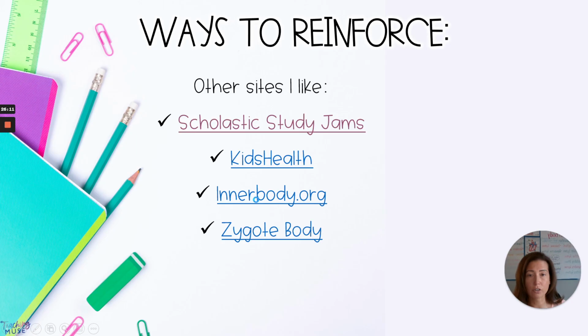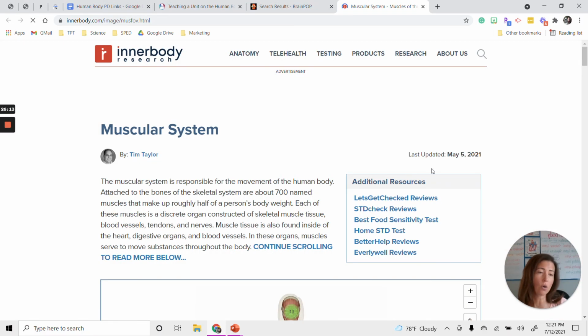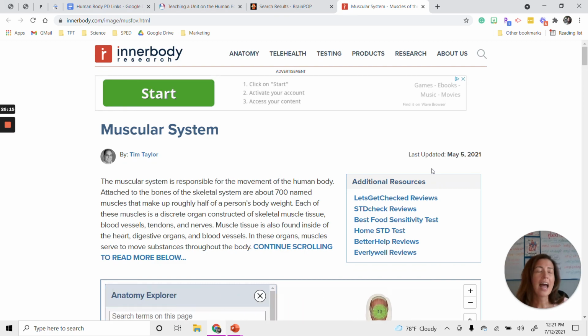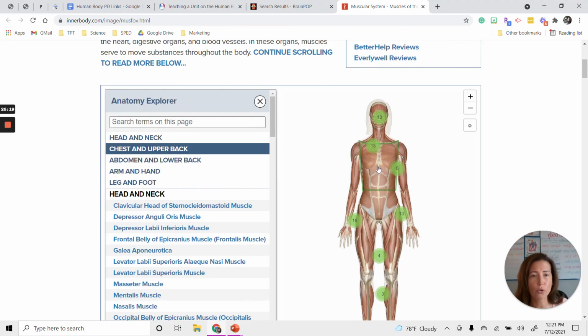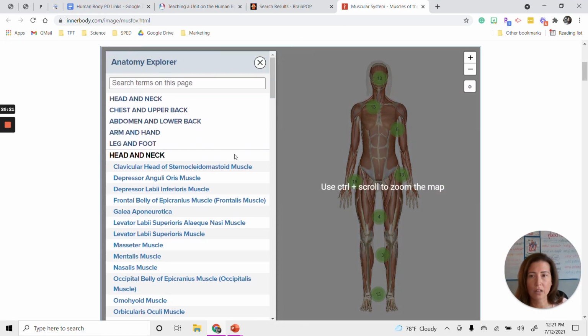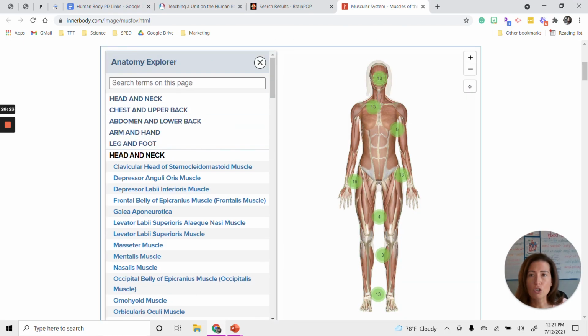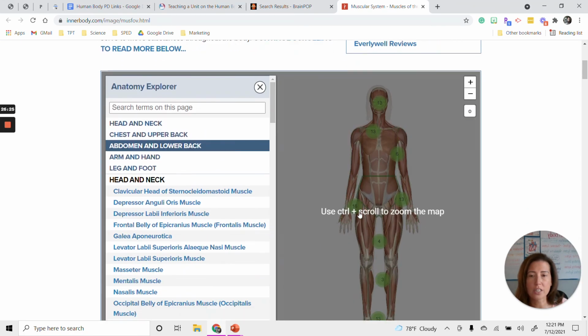I'm going to show you one more. There's innerbody.org, and then there's also the Zygo Body, and those will both show you what our bodies look like for each body system. So right now, this is the muscular system.